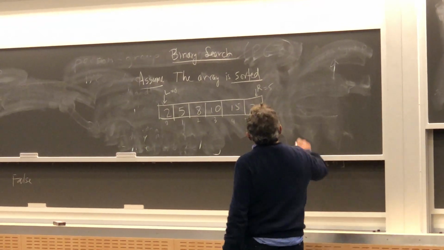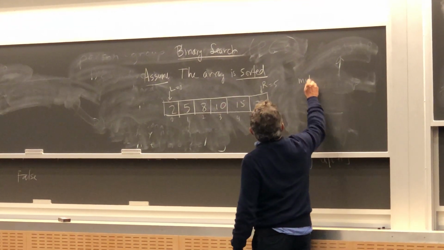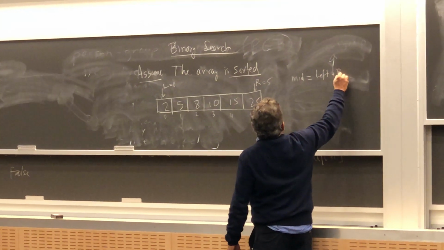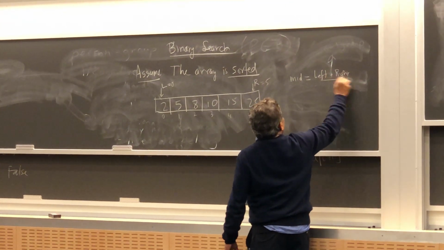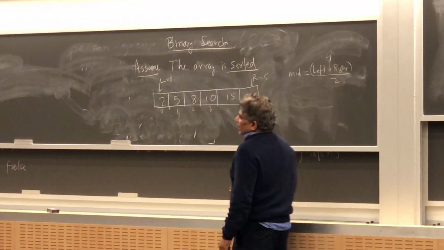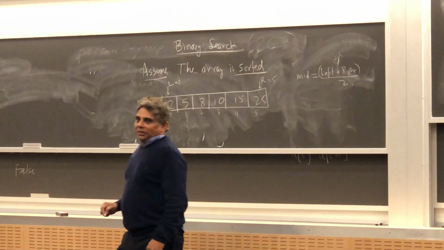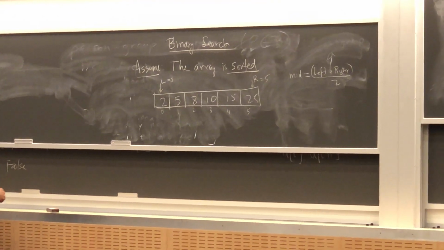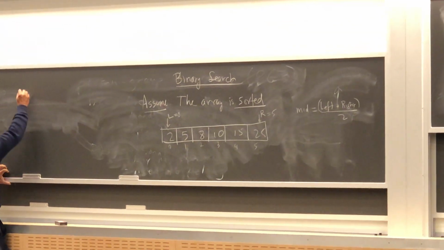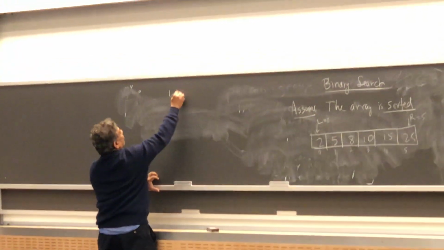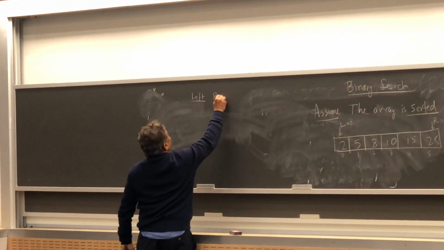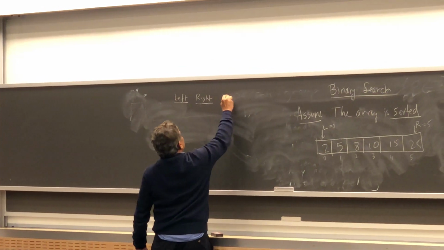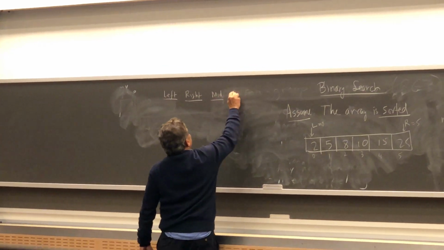And using these two things, we're going to compute the middle of the array. I will use the formula to compute the mid. This is going to be left plus right over 2. That's how I'm going to compute it. All right, let's see how we can trace this thing. So let's say we have left, right, and the mid, and A of mid.